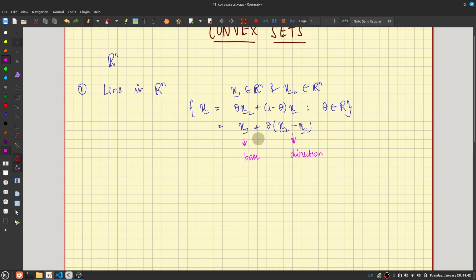So essentially I take a point, call this x1, I take another point, let me call this x2. I'm looking at the straight line that passes through x1 and x2.